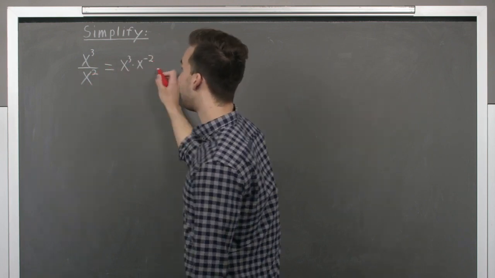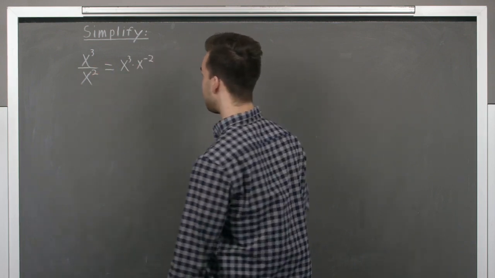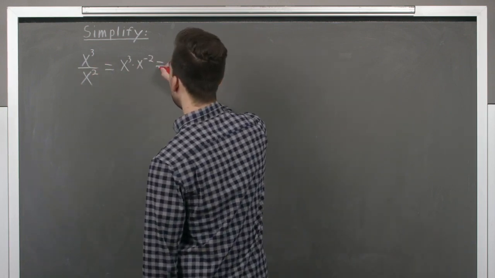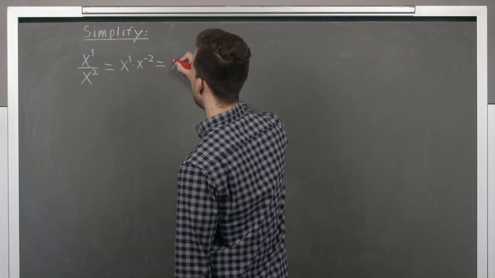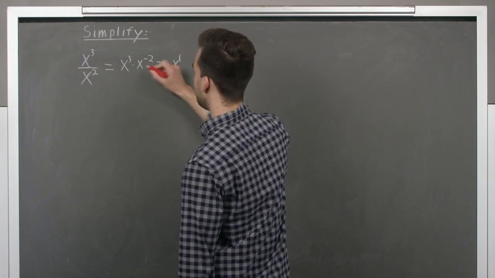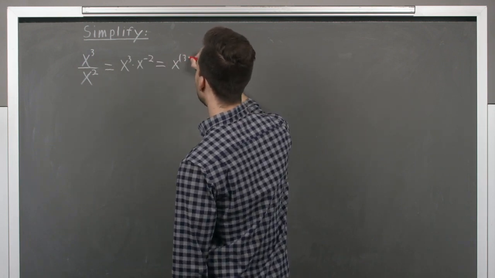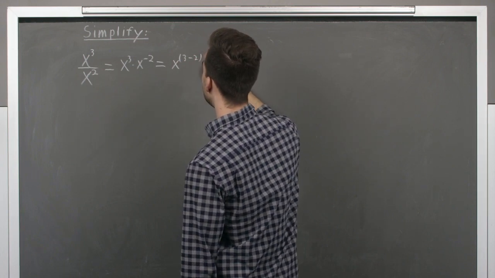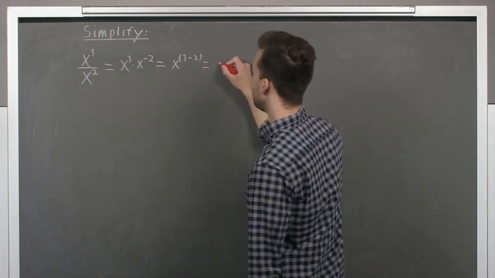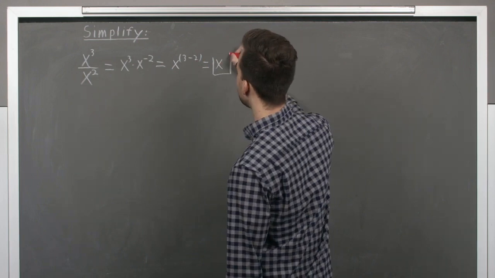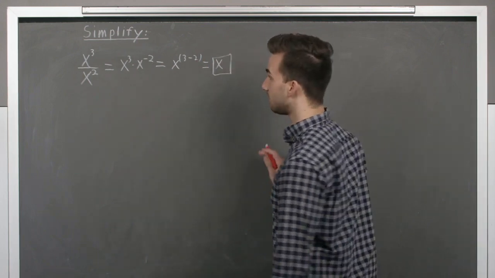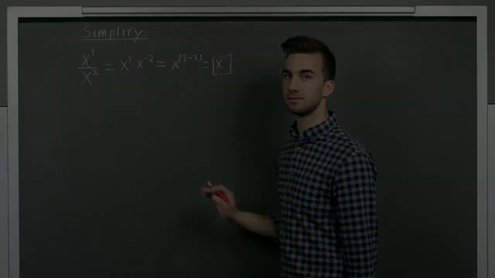And so now you can just combine the exponents, and it's a simple addition and subtraction problem in the exponents. So 3 minus 2, and that leaves us with x to the power of 1, which is just x. And so that is our solution for this.